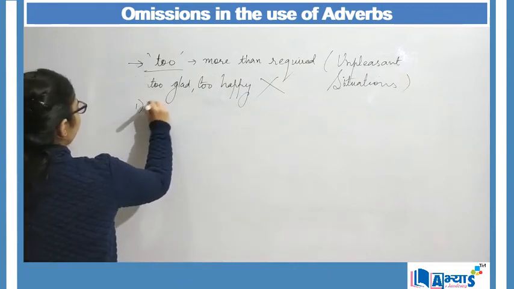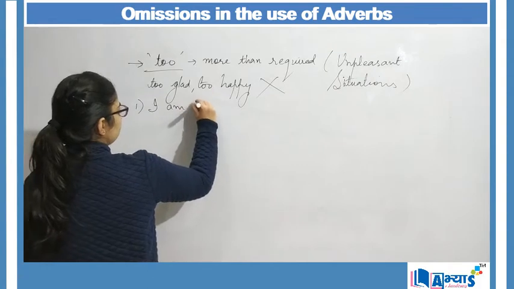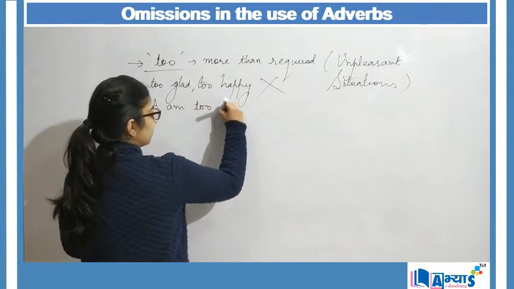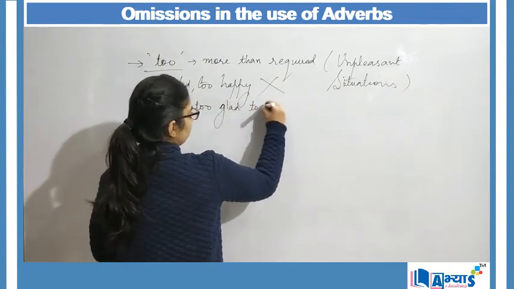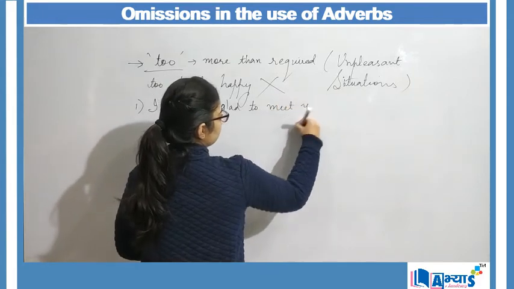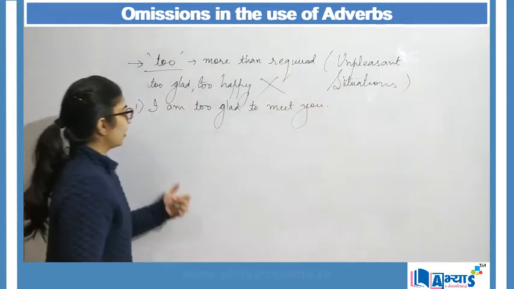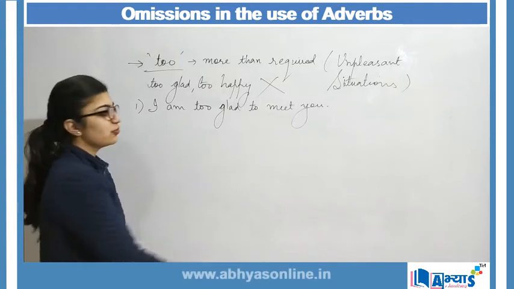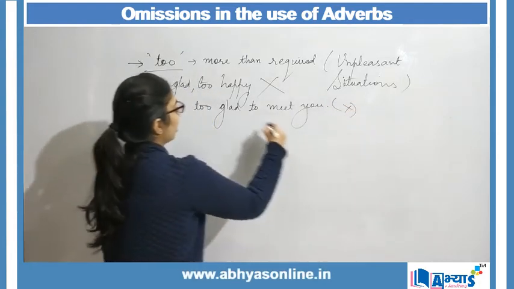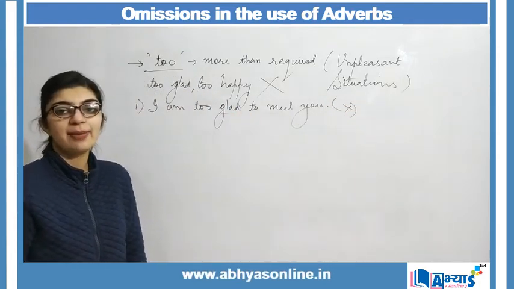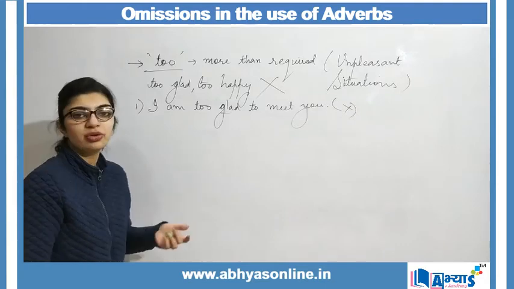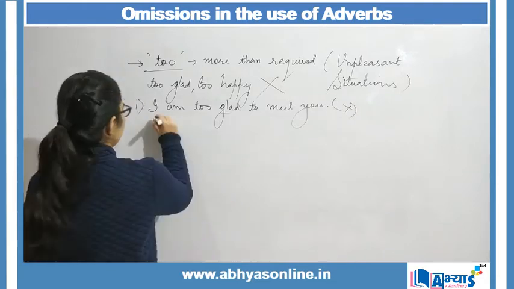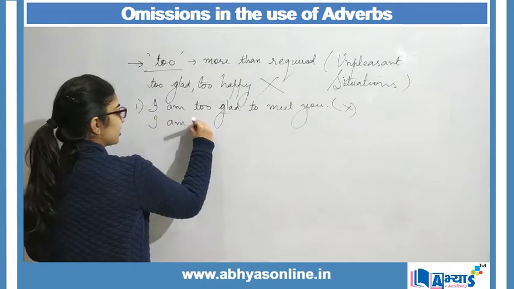Like I say, I am too glad to meet you. When I say I am too glad to meet you, my sentence over here is wrong because glad again shows my happiness, and with happiness I do not make use of too. I will say, I am glad to meet you.